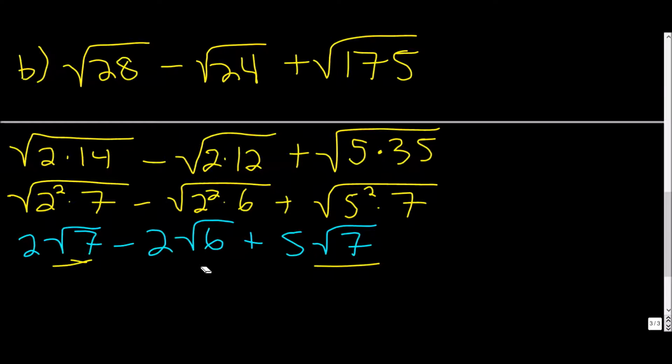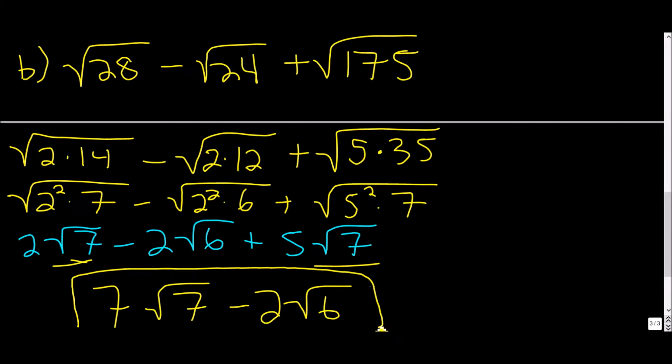So I'm going to end up with 7 times the square root of 7 minus 2 times the square root of 6. This can't be simplified further. We can't combine the square root of 7 and the square root of 6 through addition. We can only combine square roots of 7 with other square roots of 7 to add them up.